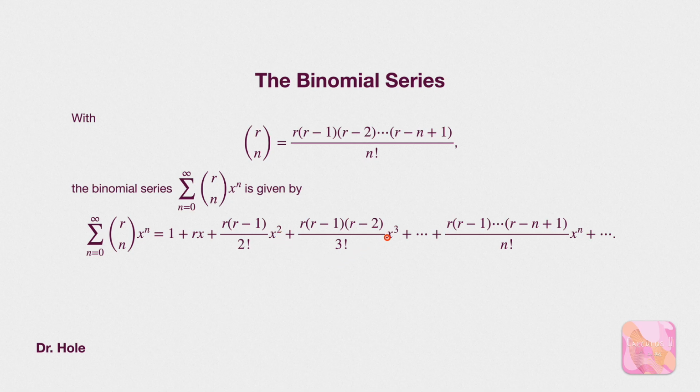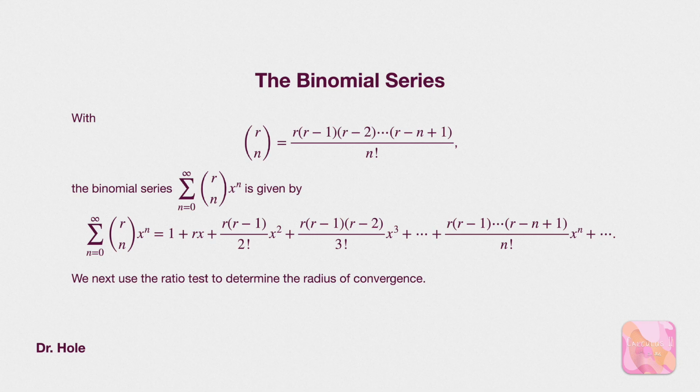Coefficient for x cubed, you use the same numerator, same denominator. You bump up the numerator with an r minus 2 factor, and you bump up the denominator by adding in a 3. And then you repeat that so that you're able to express out the nth coefficient as this notation, r choose n, on x to the n. Good.